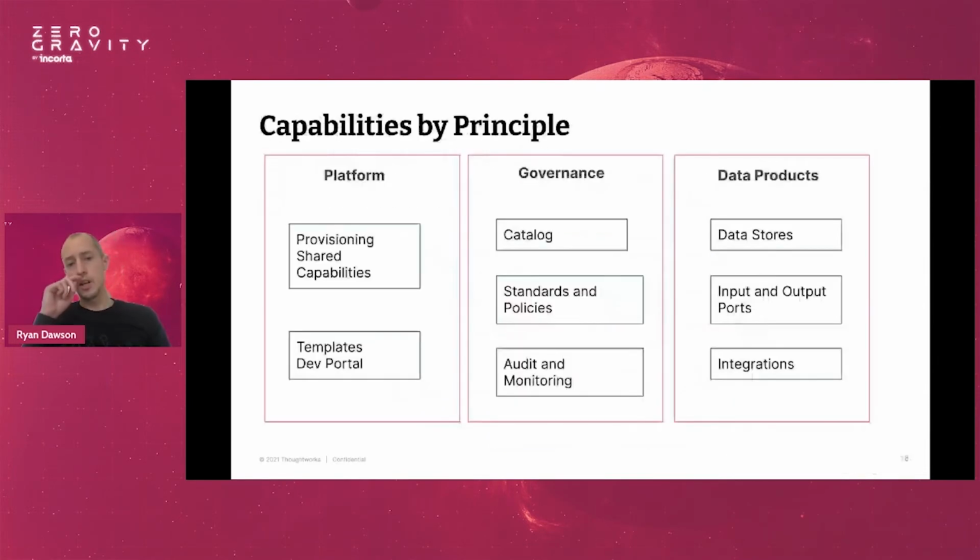So now this slide here brings together the capabilities that we've just talked about and breaks them down by principle. At the platform level, there's provisioning of resources using templates or wizards in a dev portal. For good governance, we want a catalog that can make all the data products visible to potential consumers. We also want standards and policies and monitoring tools.